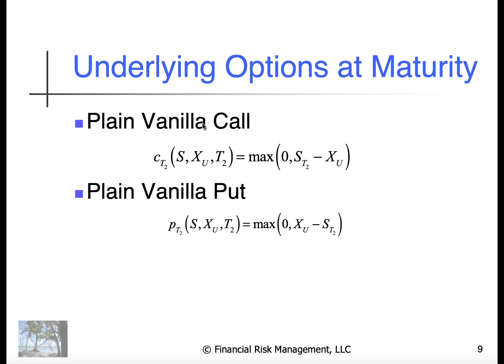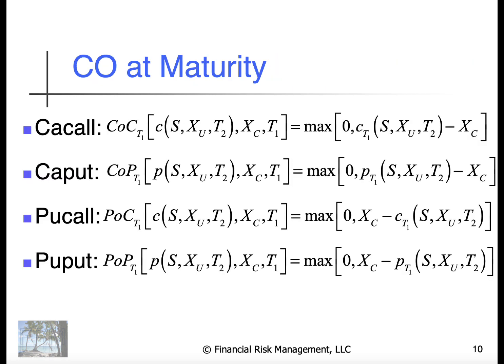Just by way of reminder, a plain vanilla call in this context is simply a call option that expires at time 2. The payoff is the underlying minus the strike price of the underlying option. The put is just the strike price minus the underlying. And so this is symbolically changed for the compound option. A compound option at maturity, notice its maturity T1.